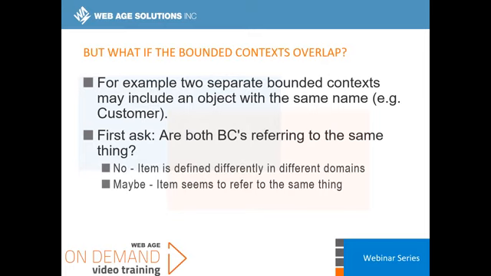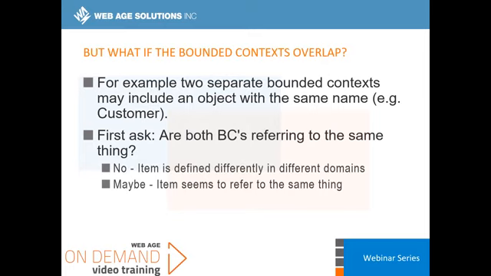However, the issue that causes the bigger problem is when the answer is maybe. Okay, the item seems to refer to the same thing. Right? Then I have to figure out what to do. If it's no, we're okay. If it's maybe, then I may need to share that object, and I may have to figure out who owns the object.